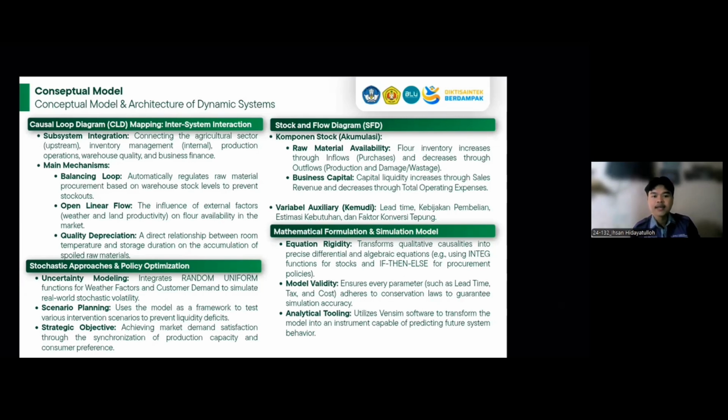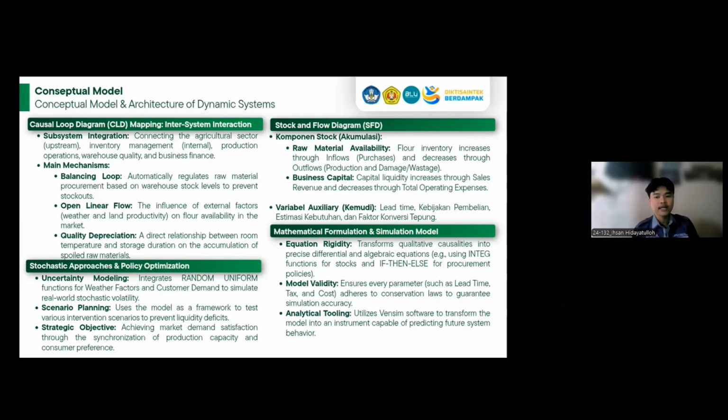And the next is the stock and flow diagram. There are two aspects. The first is the stock component, and in the stock component there are two stocks. The first is raw material availability, and the second is business capital. The first stock tells about flour inventory increasing through inflows, purchases, and decreasing through outflows like production and damage or wastage.